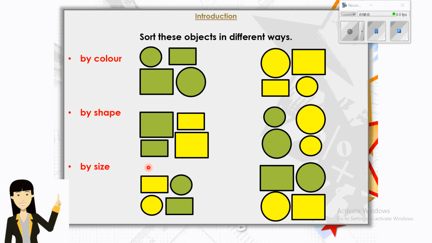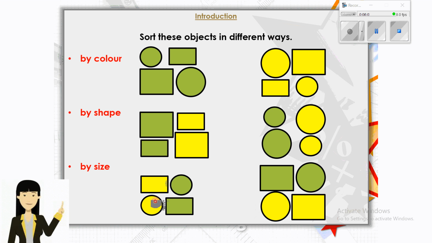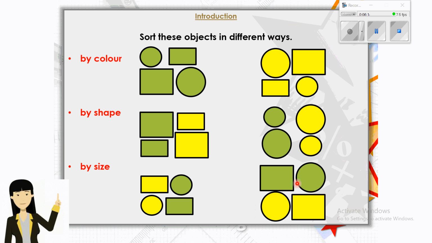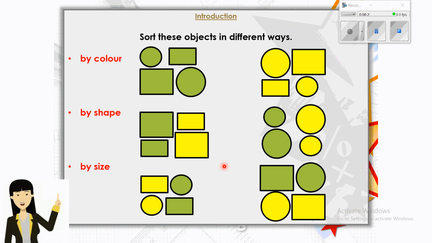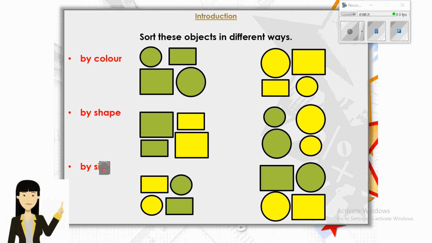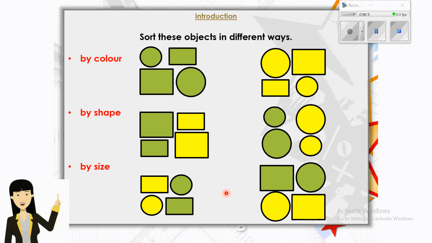By size, all the objects here are small, and all the objects here are big. So that's the lesson. I'm sorting, then I'm counting. If I ask you how many objects are small, counting by size, 1, 2, 3, 4. 4 objects are small. Let's go and get another example.